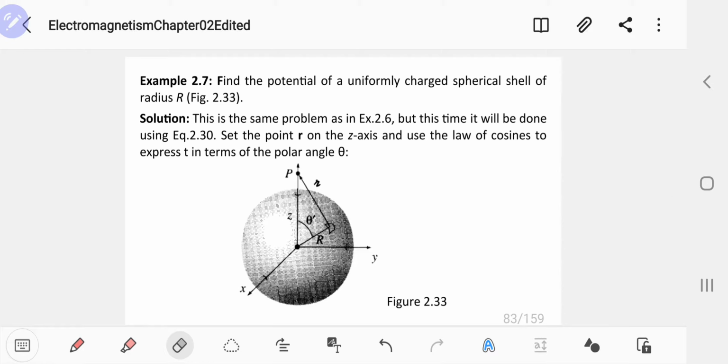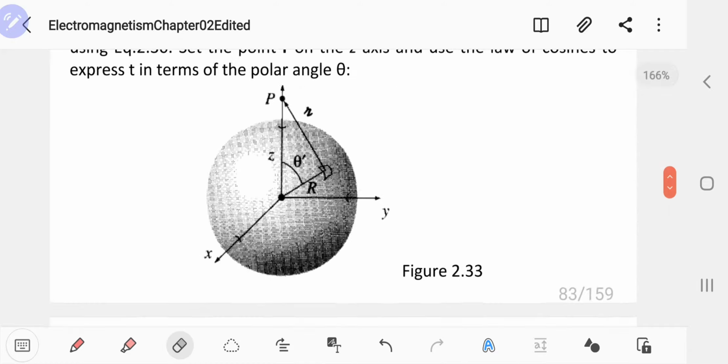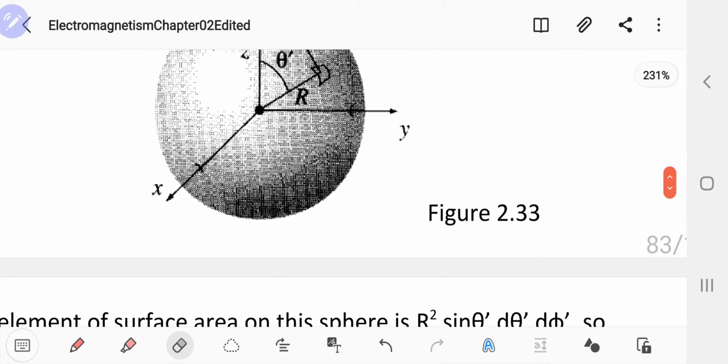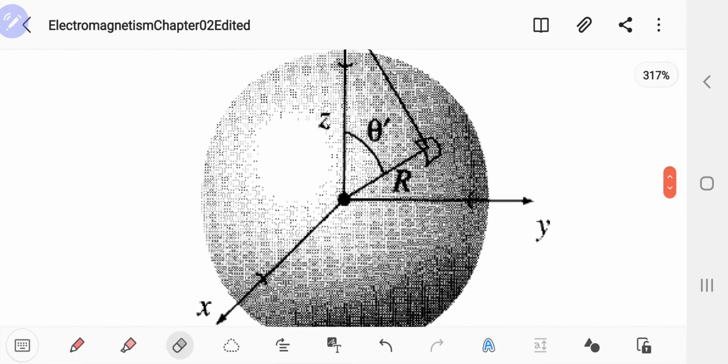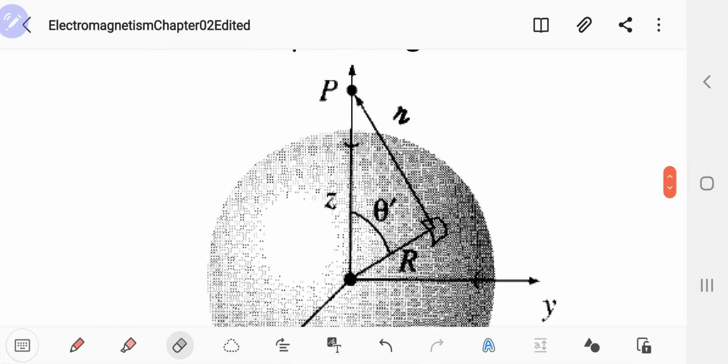We'll continue with the problem. There's a triangle that is formed here, by the way. The radius of the sphere is R, and the patch of area is always located at the surface of the sphere, so it's always a distance big R from the origin.